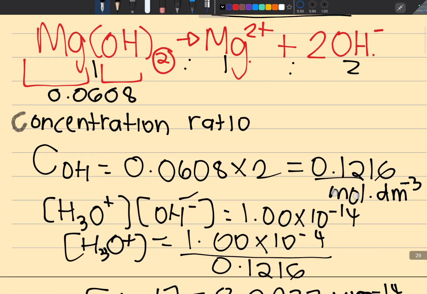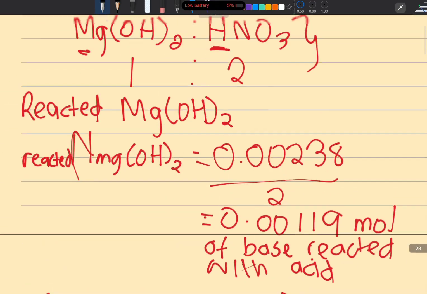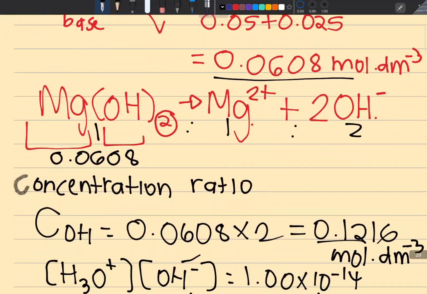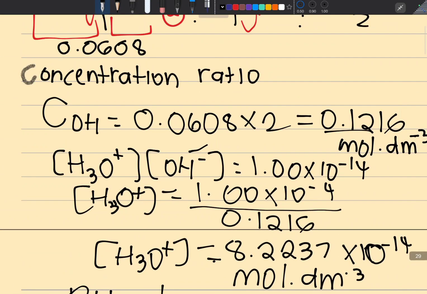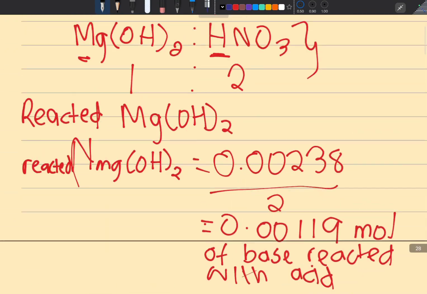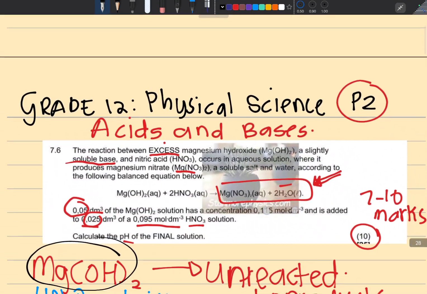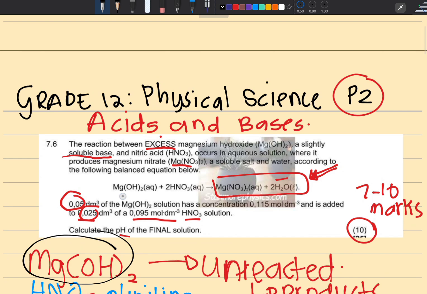So that is how we approach the question on acids and bases calculations. Just know what is going to be in your products. We said since we are reacting magnesium hydroxide with HNO3 and they say this is in excess, it means at the end of the reaction, in the reaction vessel, we will have some of this.